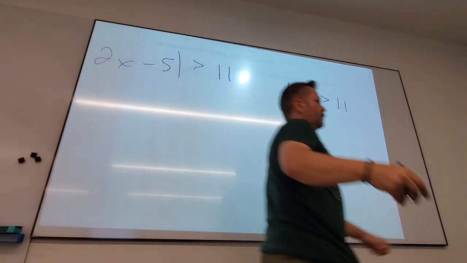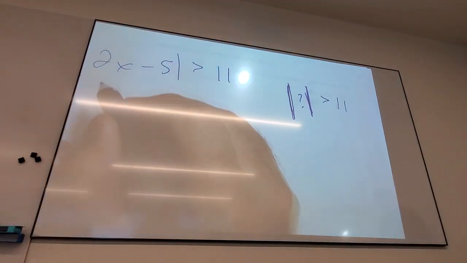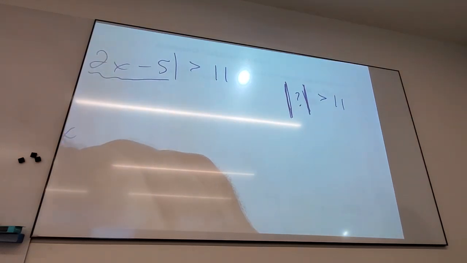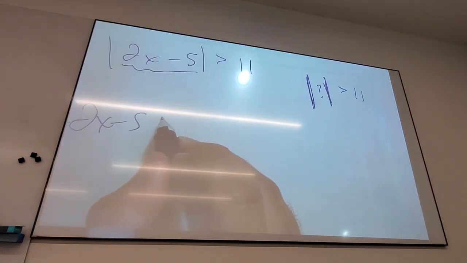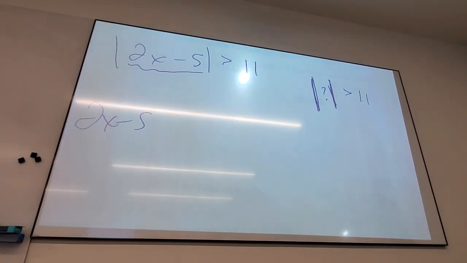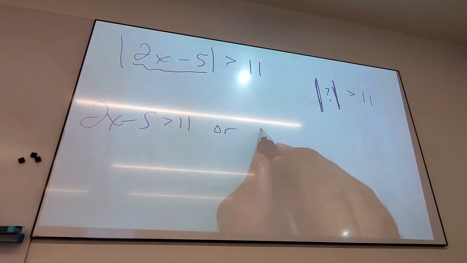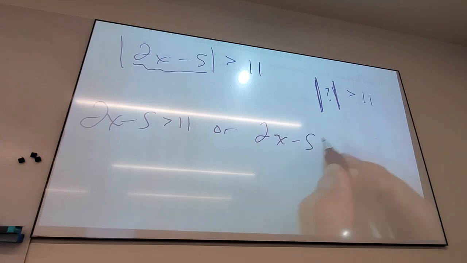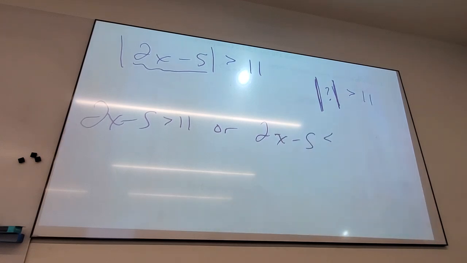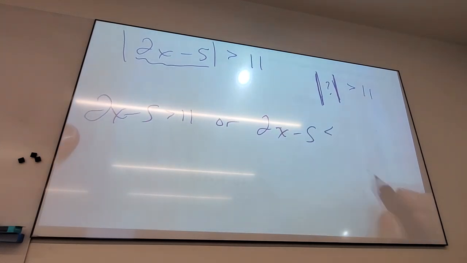So what am I saying here? This number either has to be, what was true for the positive numbers? It had to be more than 11, correct? 12, 13, that works, but 9 doesn't work. It must be more than 11, or this number must be less than negative 11.